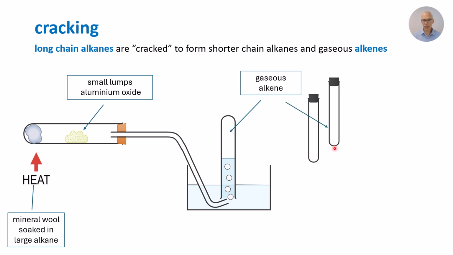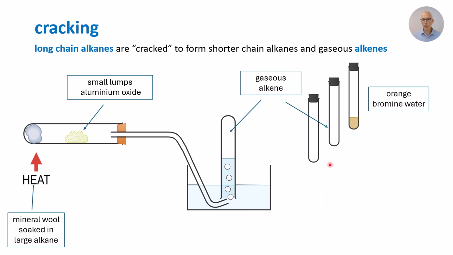And the second tube would generally be regarded as containing the gaseous alkene. Now, once you stop heating, you have to take the delivery tube out of the water to avoid what's called suckback. So to avoid suckback, the delivery tube is removed from the water trough.